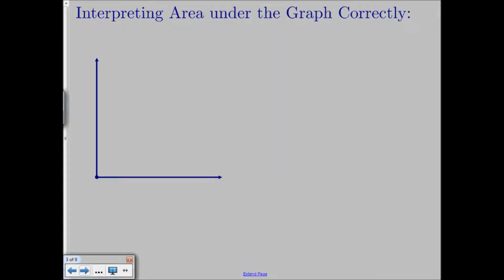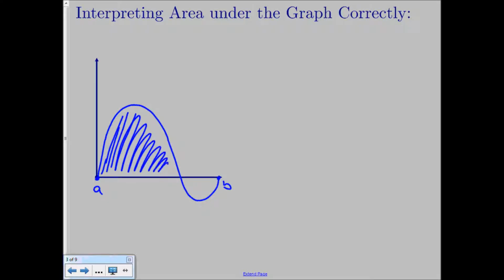So, correctly interpreting area under a graph. Say I have just this general function, and I let this be my point A and this be my point B. And I want to find the area between A and B. So in other words, I want to find all of this area. Now, in the real world, we don't have negative area.